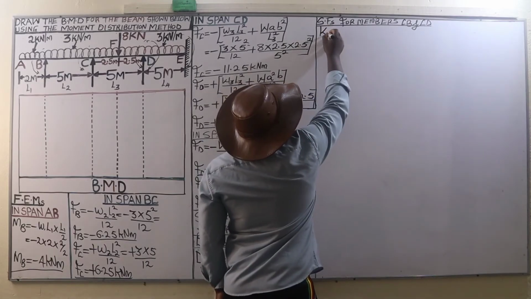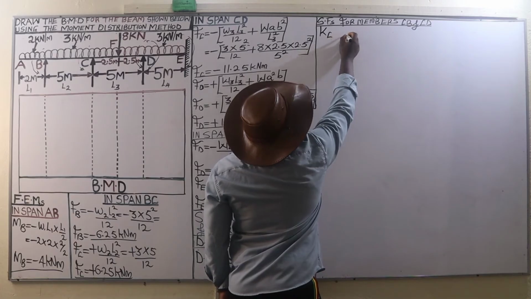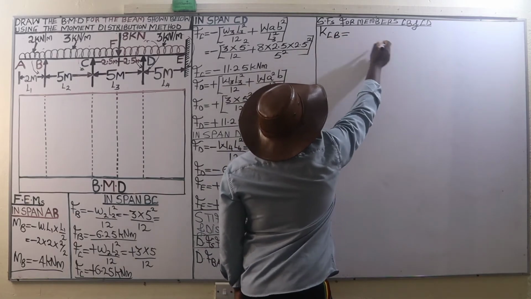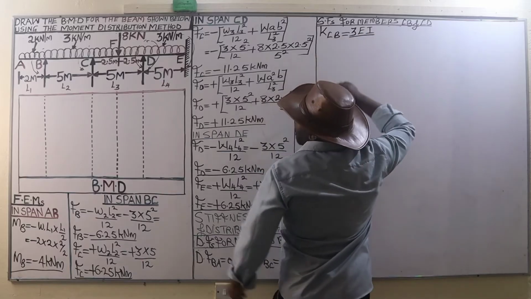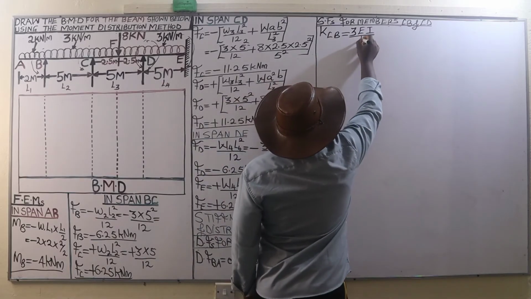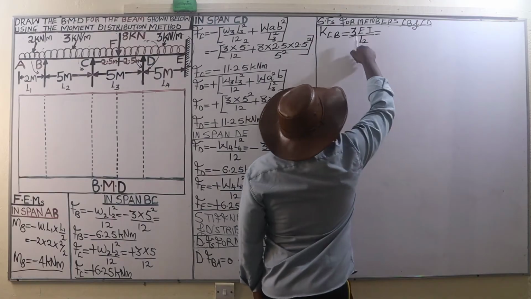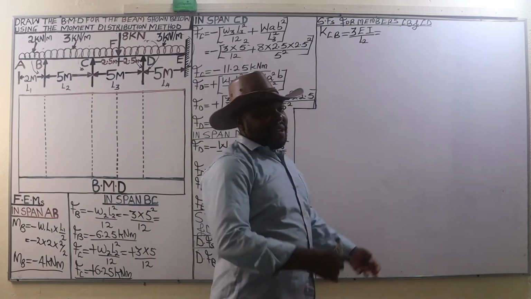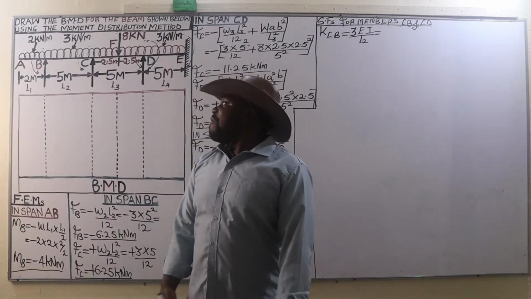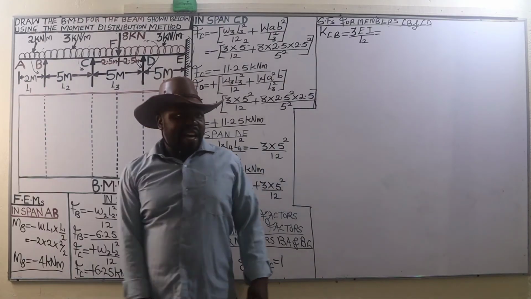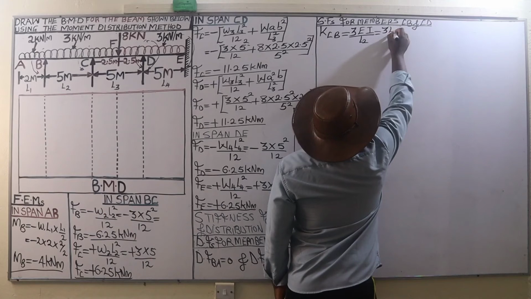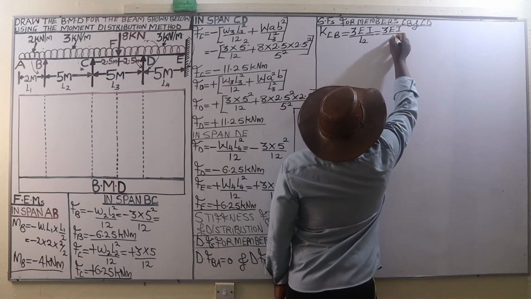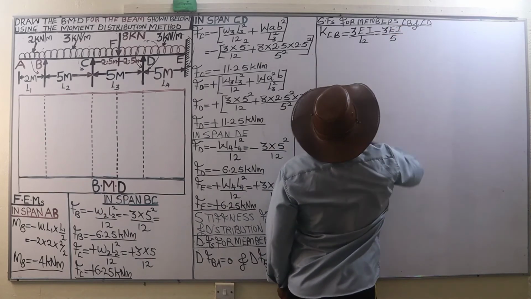The stiffness factor for member CB will be given by 3EI divided by the member length, that is span L2. Now, 3EI over L2, because the beam is overhanging beyond B, and therefore that's the formula that we are going to have. And it's going to give us 3EI over L2, which is 5 meters.